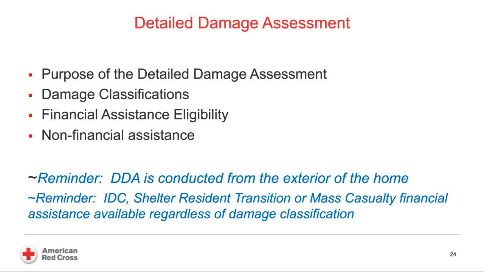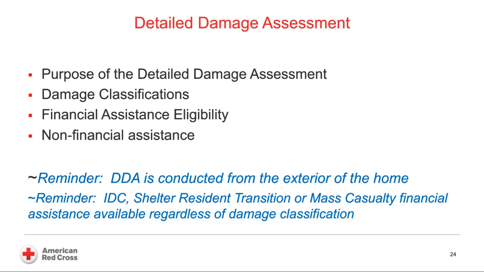The detailed damage assessment is required so we can understand the extent of the client's damages, because this will communicate the extent of the client's needs as they're assessed during the intake process. It also provides detail around the client's situation, including the damage, which helps our referrals to appropriate resources.